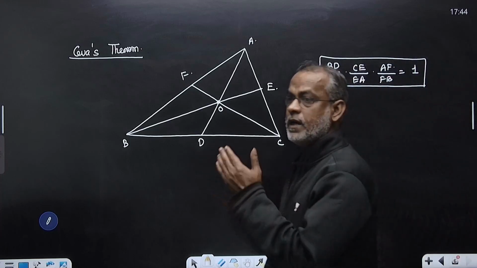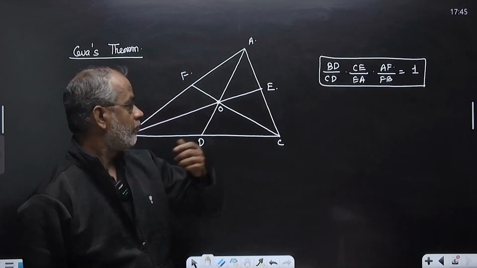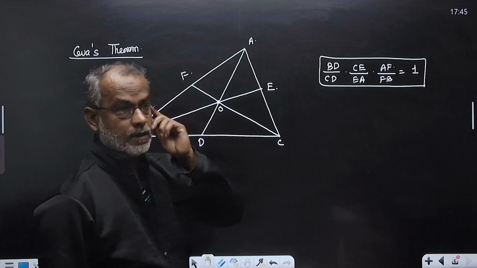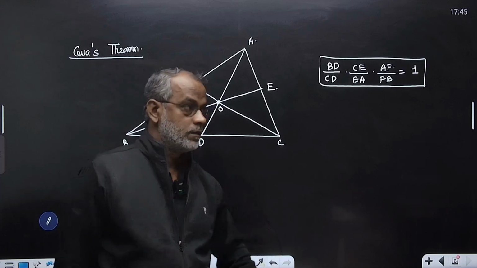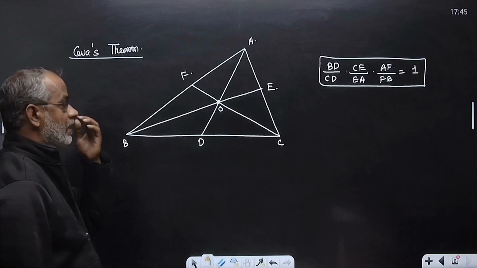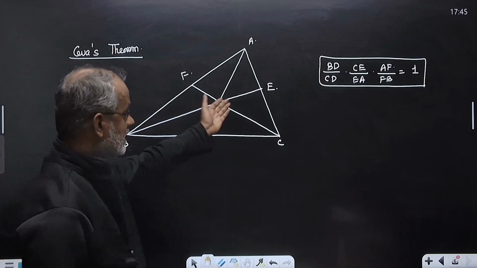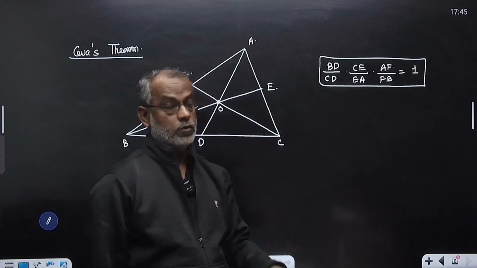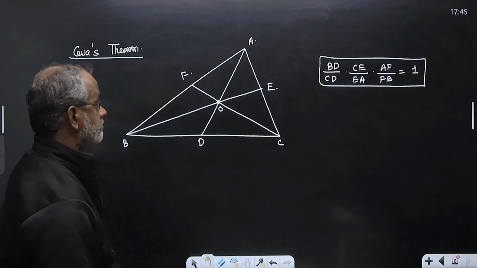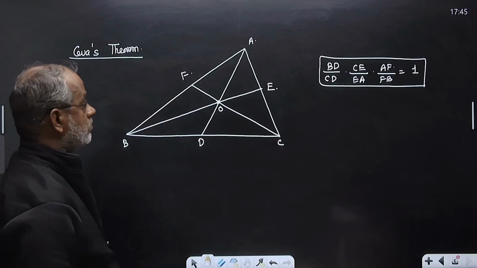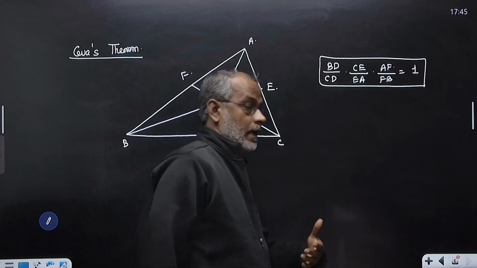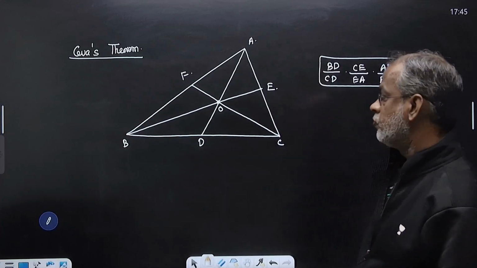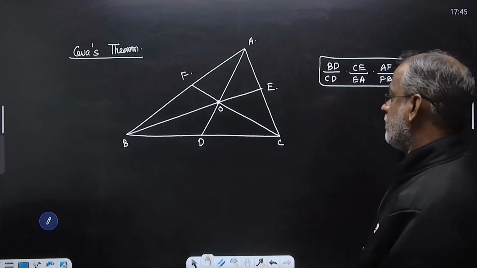Ratios we are deliberately taking as positive, even if the point is outside, and we have a situation like this. We have drawn only the case when the point is inside, but the point could be outside also. In fact, similar triangles can be used, or half base into height can be used in proving this. I am using, say, area ratio.